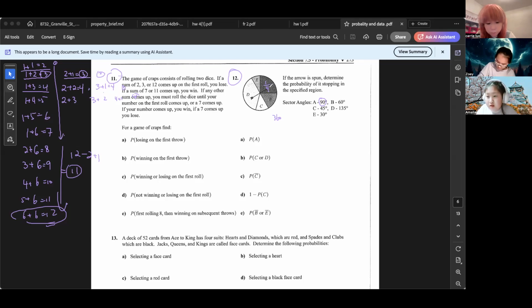For C, how come there's a line on the C? 完醉了，老师，我做完了。Okay, so Amelia, did you finish? 快一点。How come there's a line on the C for number C?